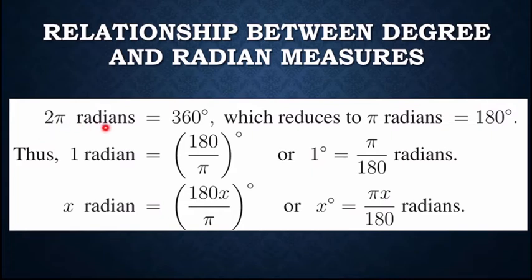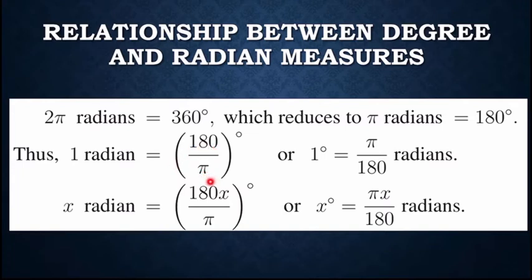So 1 radian is equal to 180 divided by pi. We can cross multiply pi to the opposite side.